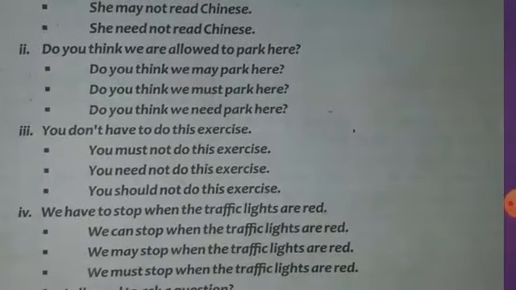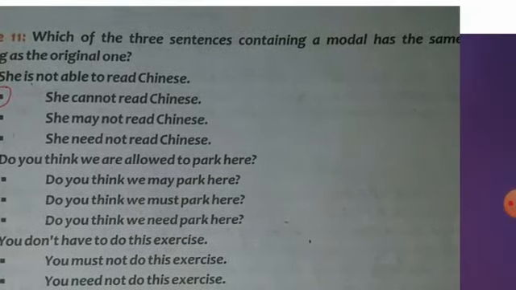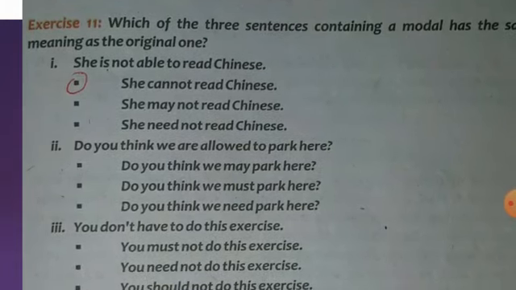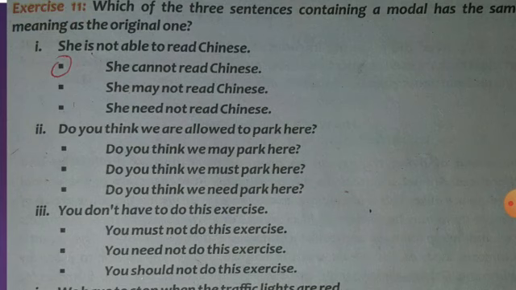Now exercise 11. Which of the 3 sentences containing a modal has the same meaning as the original one? One sentence is given to you, and in the options they will give you some modal verbs.